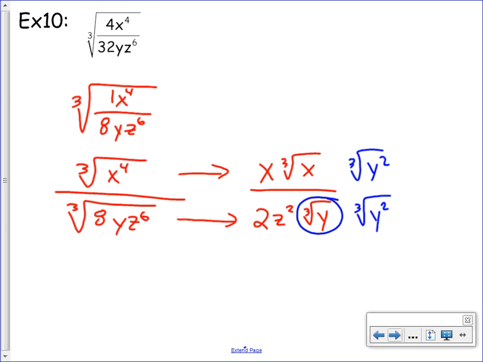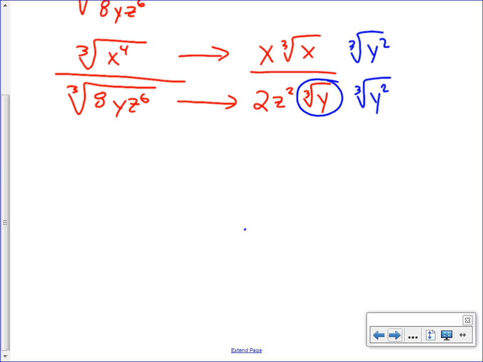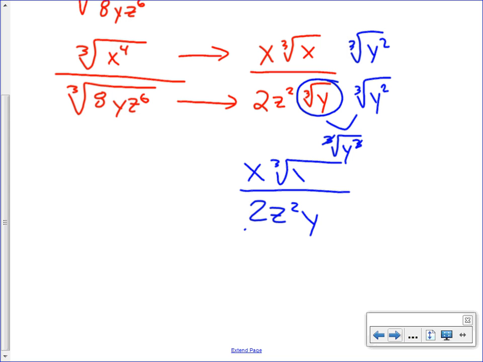We have one y, and it needs 2 more to get out of the root. So this becomes the cube root of y cubed, and the index cancels out the radical. So the bottom is 2z squared y. At the top, you're going to have x cube root of x y squared. So if you want to cancel out a radical and it's not a square, you got to multiply it by however many more you need to get out.